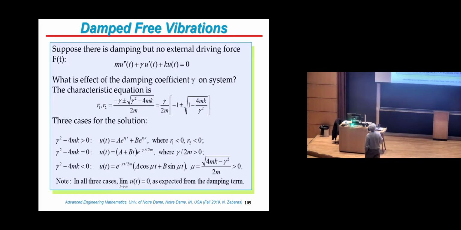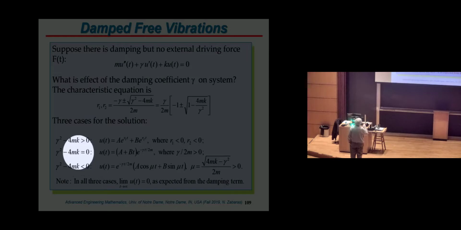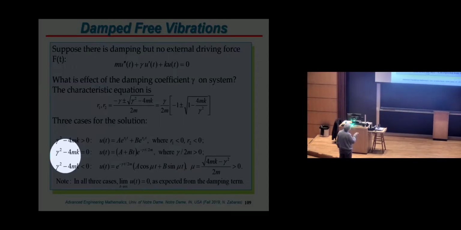Now we have the case of the square root of gamma squared minus 4mk being equal to 0. And based on that, by the way, we call this value, the square root of 4mk, the critical damping, because it separates basically the type of solutions we get. And in that case, we get a solution that looks like that.